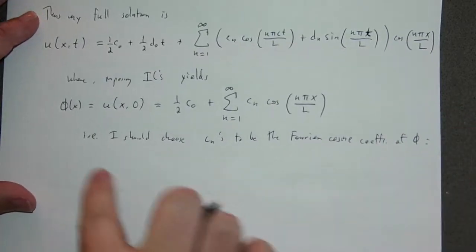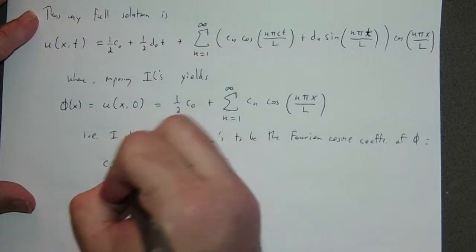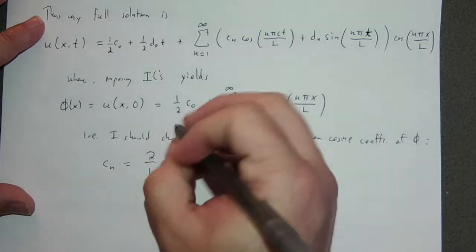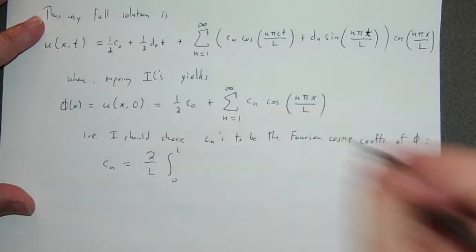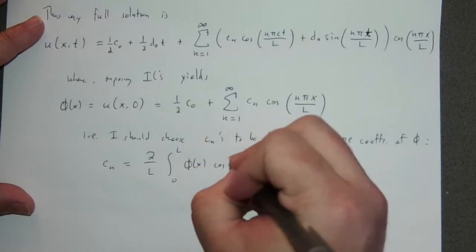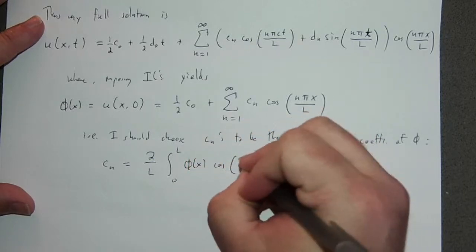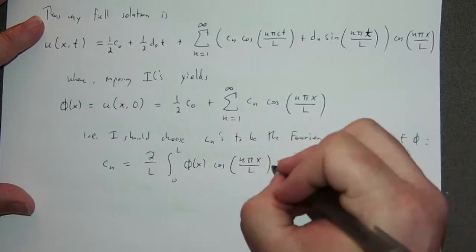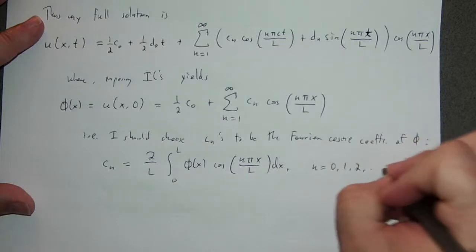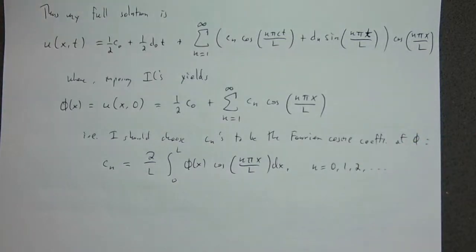All right, so i.e. c sub n should be 2 over L times the integral from 0 to L of phi of x cosine of n pi x over L dx, and that's for n equals 0, 1, 2, and so on. Okay.